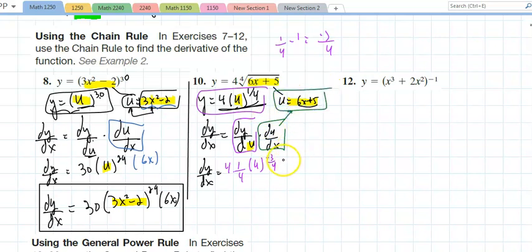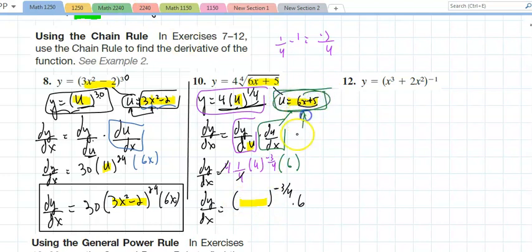Well, can I take a derivative of that? Yeah, that is simply 6. So altogether I have dy dx equaling u to the negative 3/4 times 6. And what was u again? Substitute u back in and everybody's happy. U was 6x plus 5. There it is.